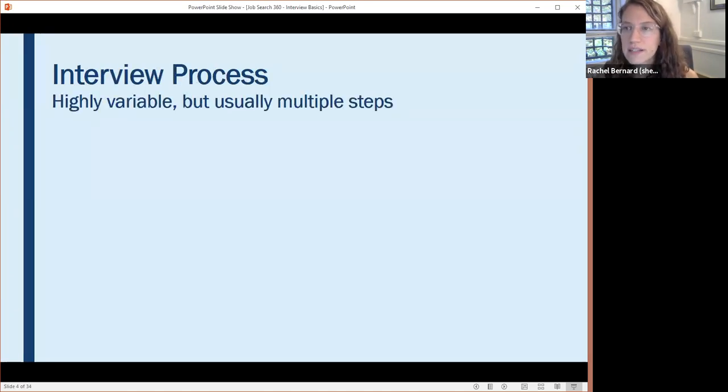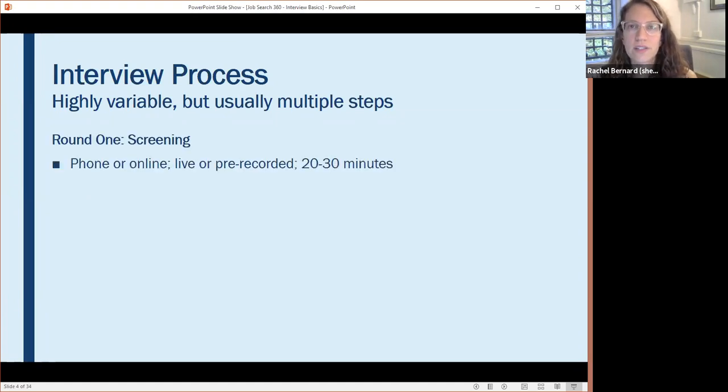Okay, so what is a typical interview process? I'll give the caveat that it is highly variable from company to company. Obviously, the academic interview process is completely different. But usually an interview process has multiple steps, and usually the first round is a screening. It's usually short. It is hardly ever in person.